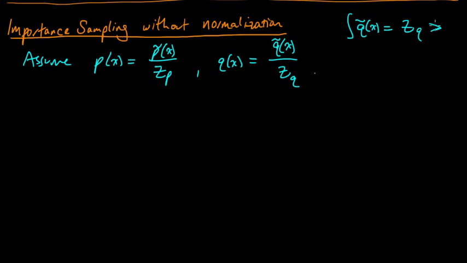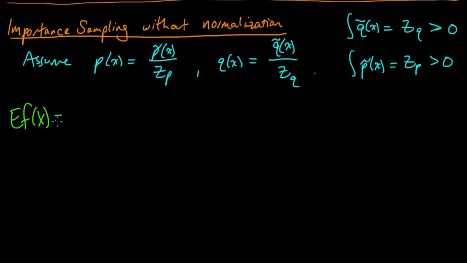We want Zq and Zp to be positive numbers. So mathematically speaking, you can always recover these normalizing constants, but these integrals might be extraordinarily difficult to actually carry out. So this situation occurs with quite some frequency. So let's see what we can do here.